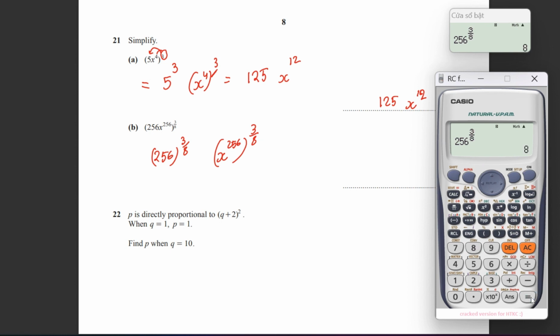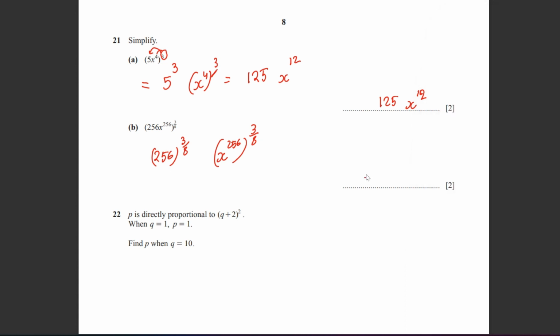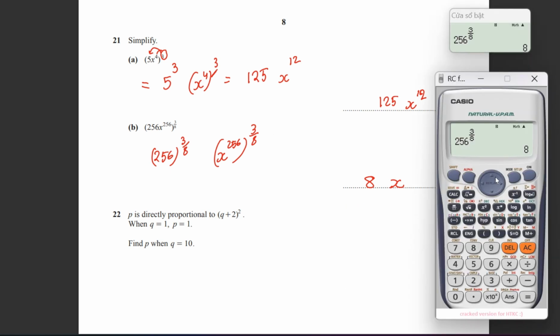This is the first one. And then here x. What we do with powers like this is multiply the powers together. So 256 multiplied by 3 over 8 equals 96. So here this will be power 96.